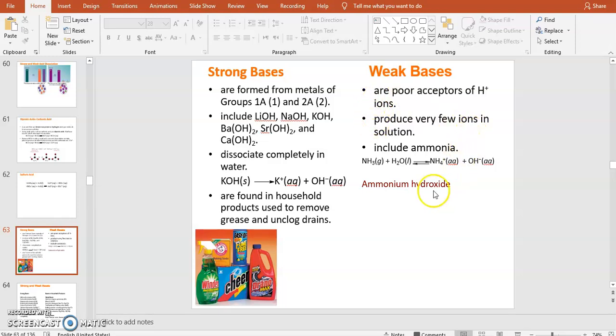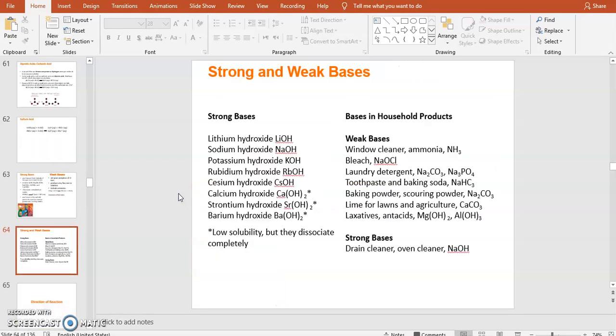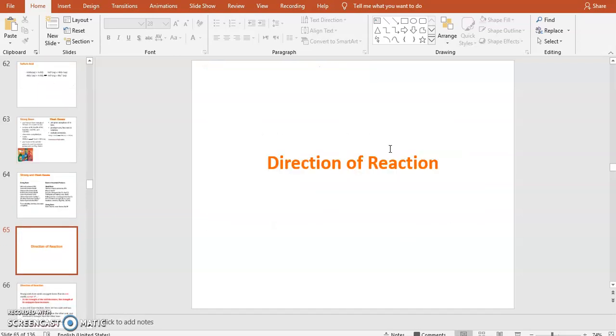The weak bases, like ammonium hydroxide, dissociate in water to give NH4 and OH, where a few molecules of NH3 are also present in the solution. These are some examples of strong bases and weak bases, and all of them are cleaning products at home.